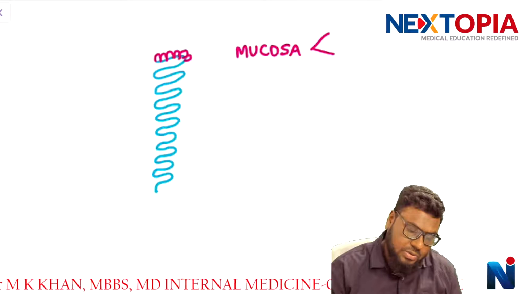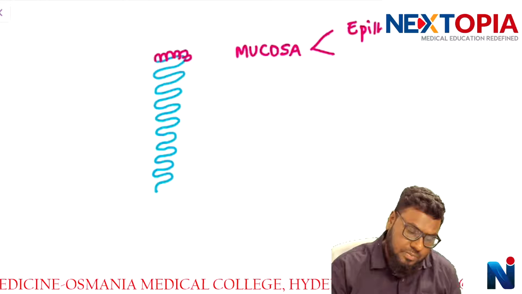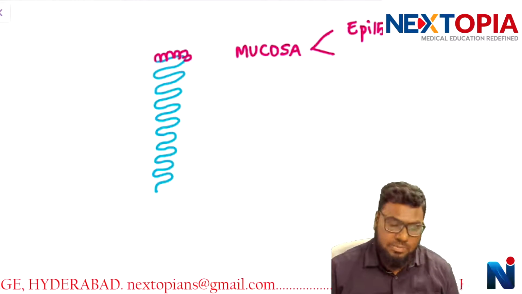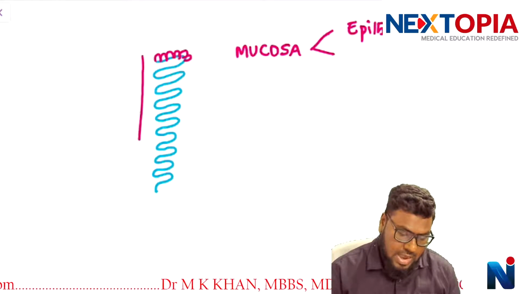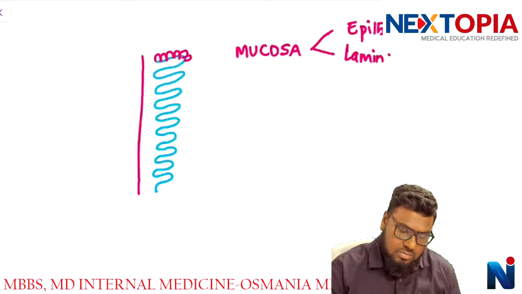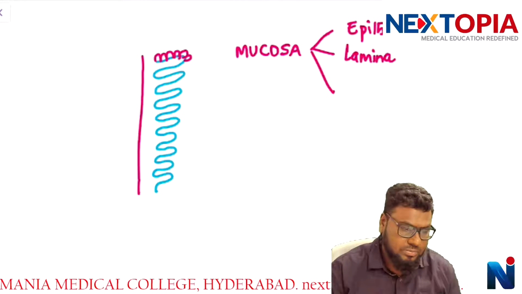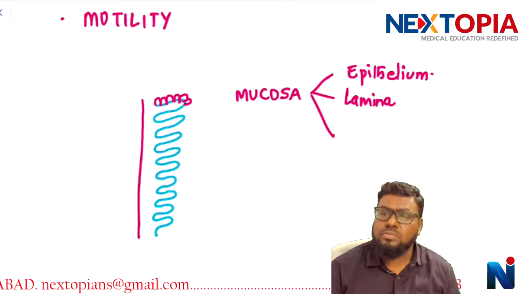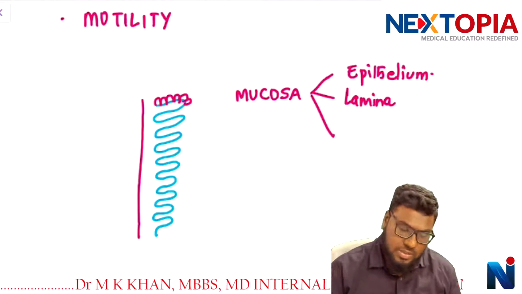Mucosa is again divided into parts like the epithelium, which is basically the columnar epithelium. Then we have got the lamina propria. Then we have got the muscularis.